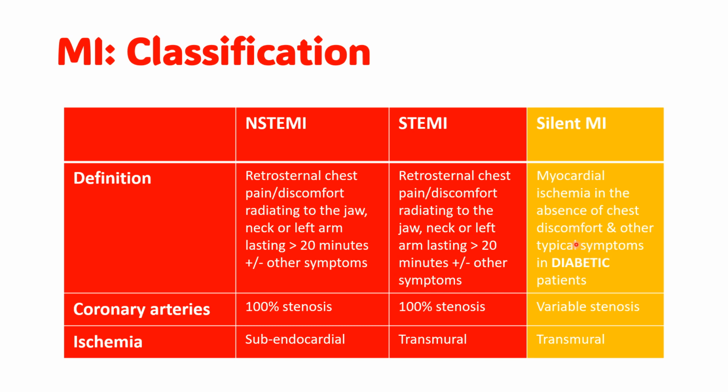And the reason why we don't have chest pain in these patients is because you have the autonomic diabetic neuropathy. So the high levels of glucose damage the autonomic nerves, which normally transmit the pain signals to the brain. So in this case, the patients don't typically report pain or other symptoms, and that can make it even more insidious.